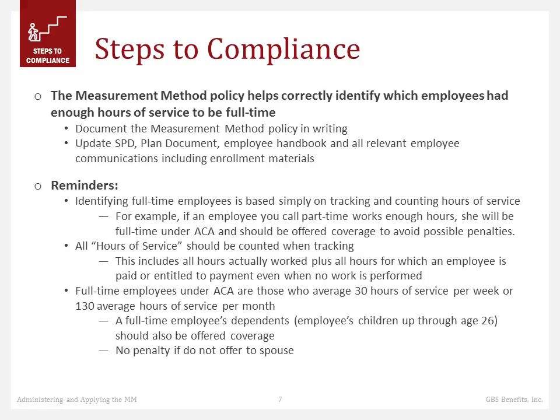And then, which you did in step 4 as well, you're going to update all your documents, meaning you're going to update your SPD, you're going to update your plan document, and any kind of employee communication that discusses how you become eligible, including the employee handbook. So you're going to want to update all that information.